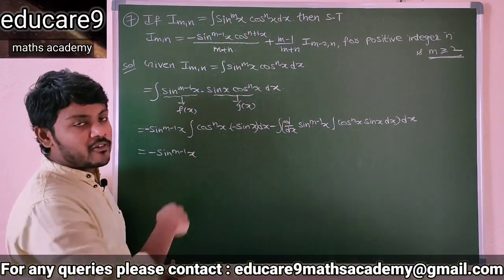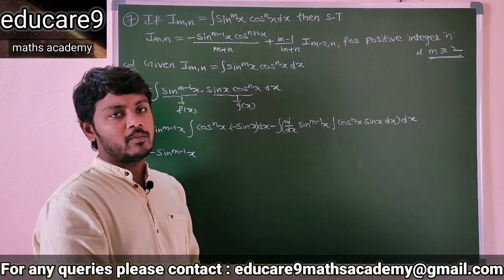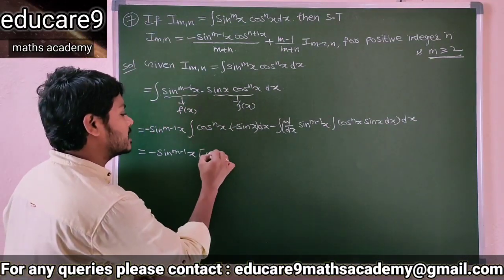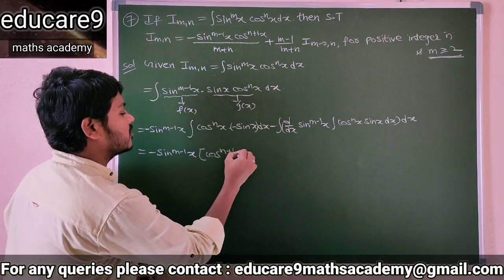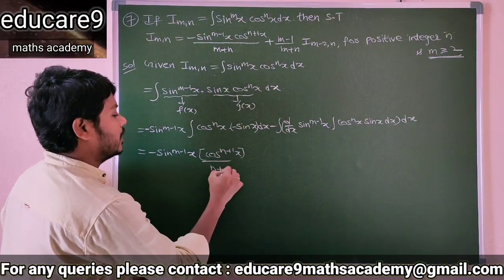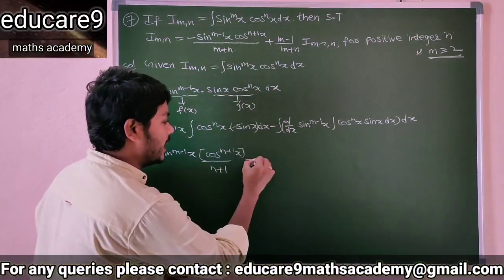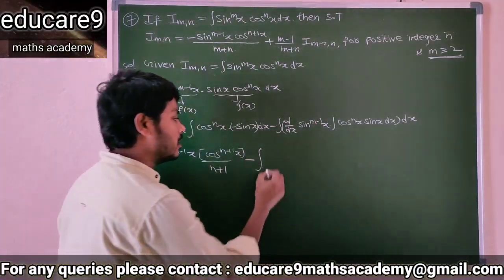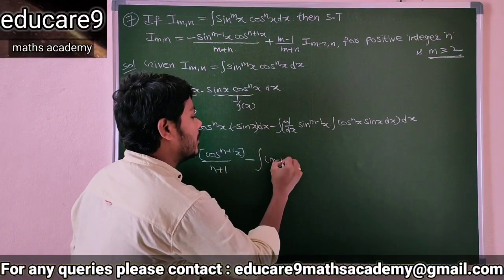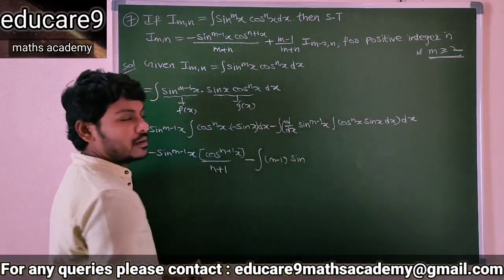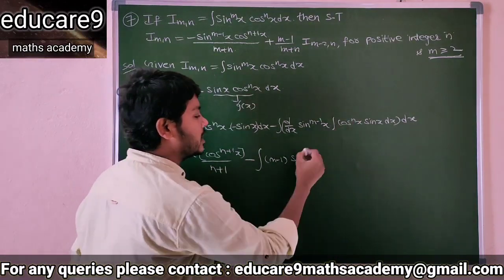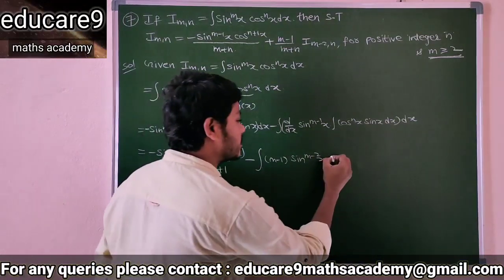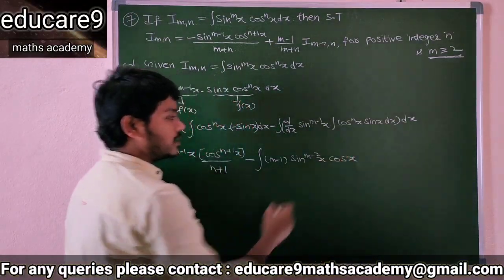So this formula is f(x) whole to the power n plus 1 by n plus 1. So clearly here cos x is the f(x). So this can be written as cos^(n+1) x by n plus 1, minus integration of derivative of f(x) whole to the power n. So that is m minus 1 into sin^(m-2) x, that is m minus 1 minus 1 is m minus 2, derivative of sin x is cos x.